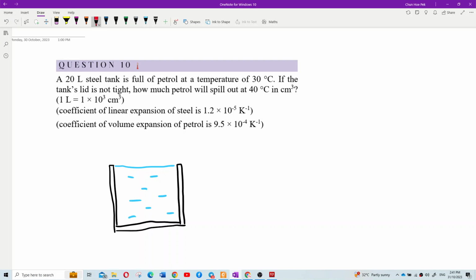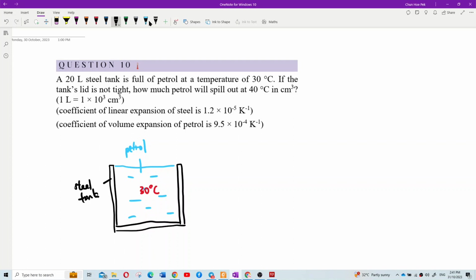So the temperature right now is 30 degrees Celsius, for both the petrol and steel tank. This is the petrol, and this one is the steel tank.